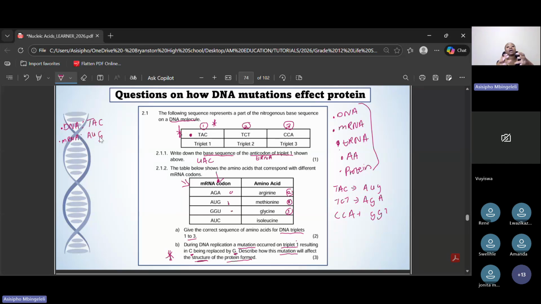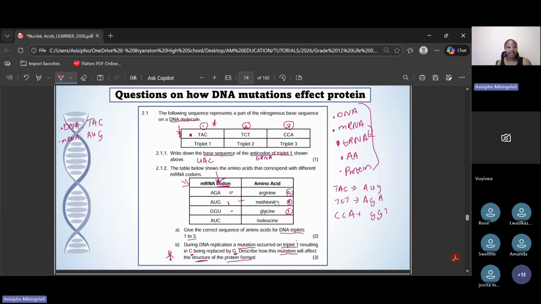We need to figure out the amino acid that got formed first, right? In our table, I know the next one is transfer RNA, and I'm hoping I don't confuse you. If you want to include transfer RNA, you can. It's fine. But for this particular question, they have used the messenger RNA codons to get the name of the amino acid. And the name of the amino acid that we have for AUG is methionine.